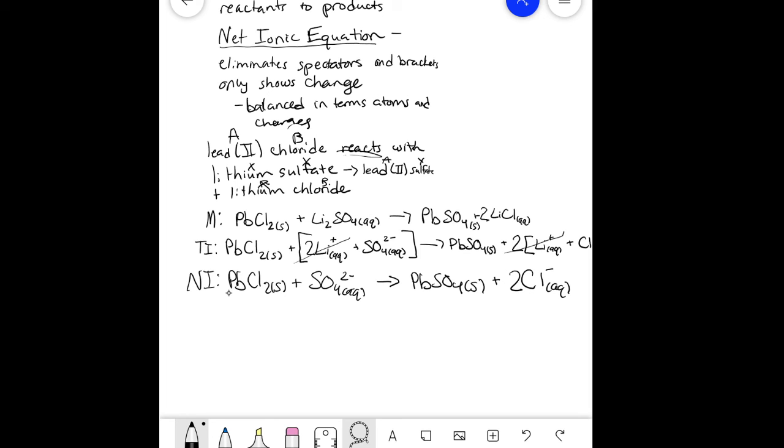And as we see, we have a 2 minus charge here, we have 2 minus charge here, we're all good and balanced, and that would be the net ionic for that. So one thing to note, I'll probably talk about it more in the acids and bases, is strong acids and bases are the only ones that are going to split apart.